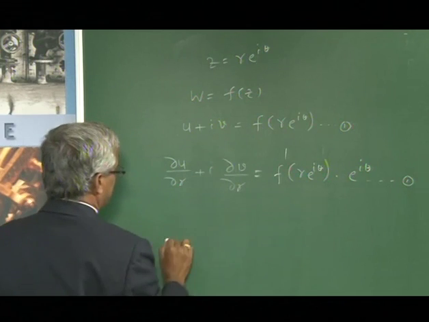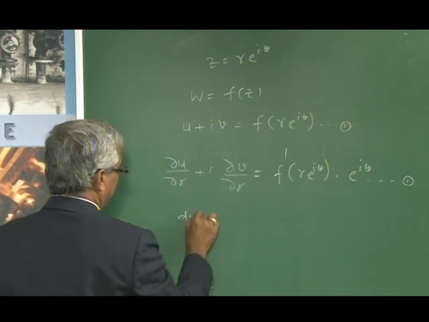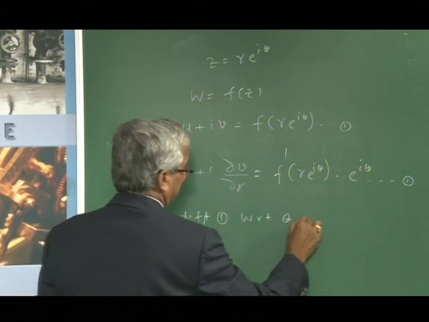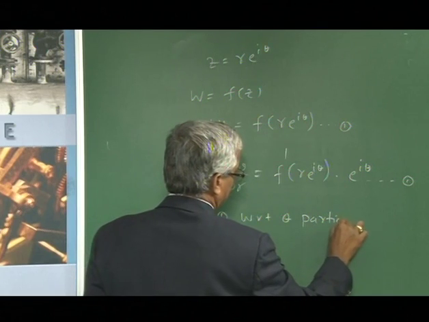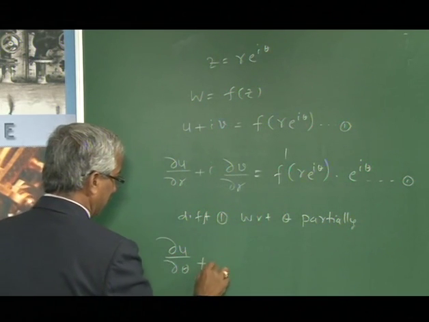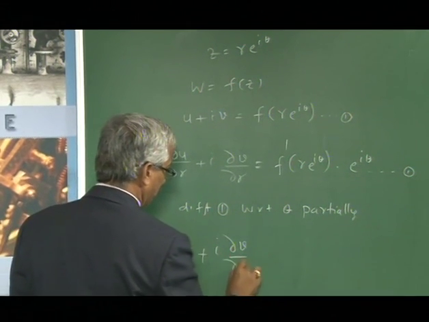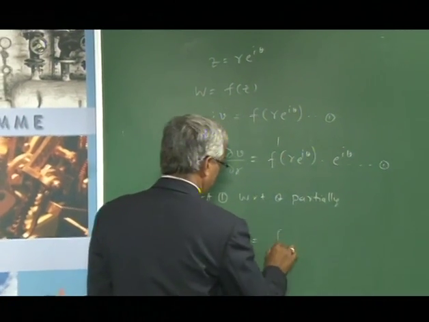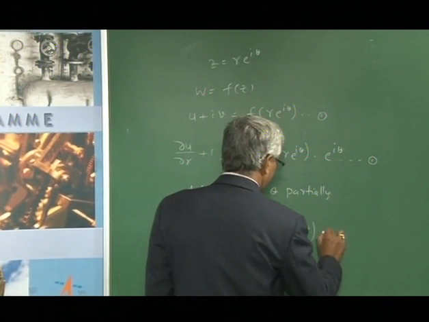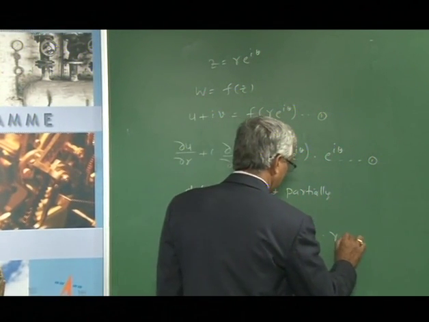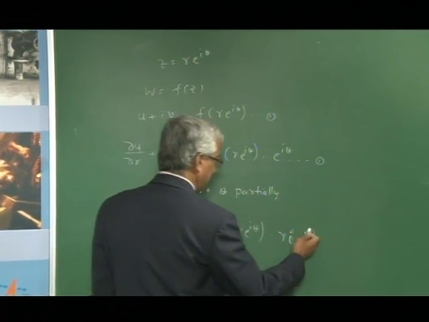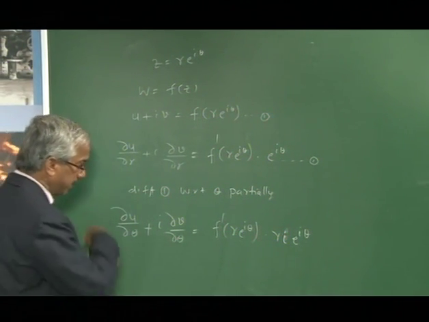Then differentiate with respect to θ partially: ∂u/∂θ + i ∂v/∂θ = f'(re^{iθ}) times the derivative of r e^{iθ} with respect to θ, which is r times e^{iθ}, and the differentiation of iθ is just i.